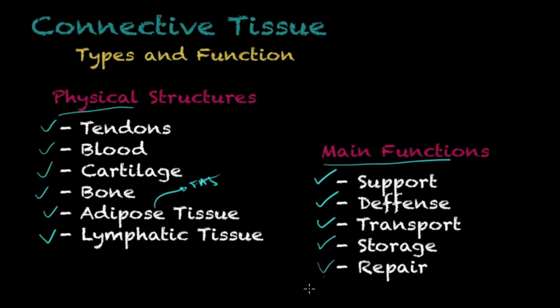If you look at blood, for example, it has repair mechanisms in wounds. Platelets rings a bell. Well, we're talking about connective tissue here as well. So these are just to give you an idea of where you can find connective tissue in your body and the functions associated to them.